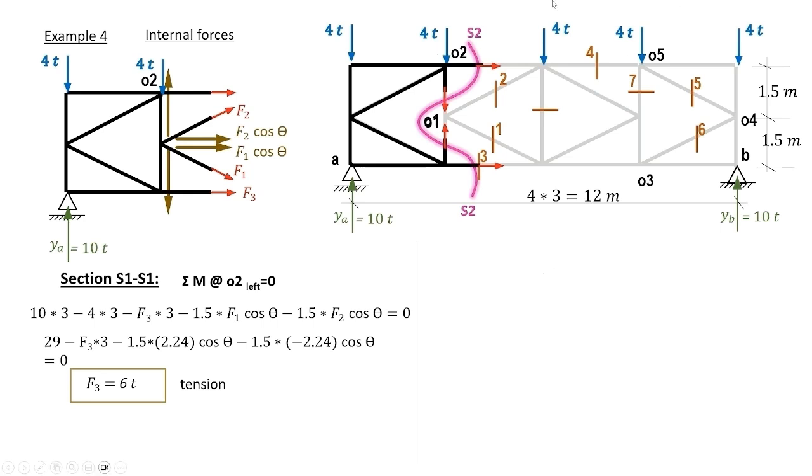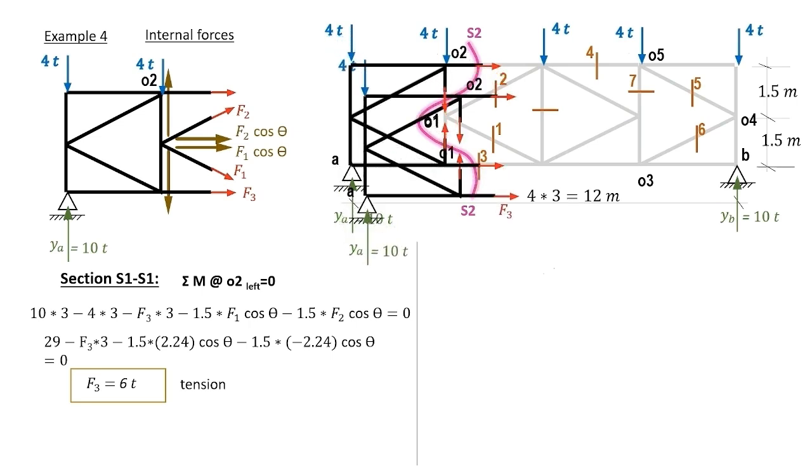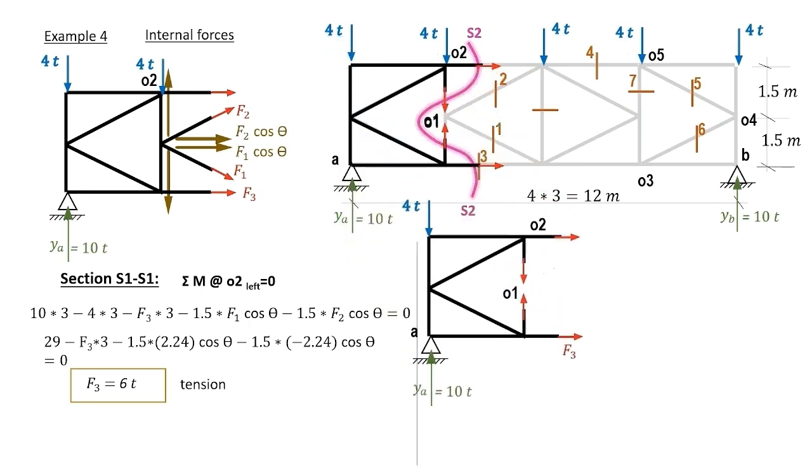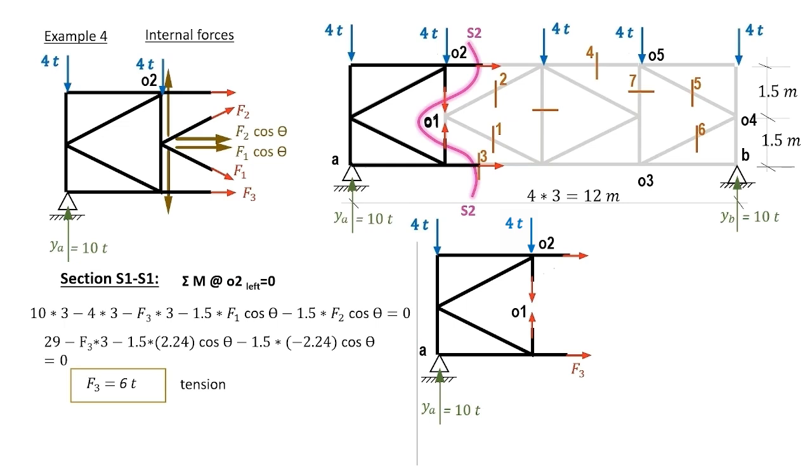Please note that section S2 cuts four members: the horizontal member on the upper chord, the horizontal member on the lower chord, and the two vertical members passing by O1. And therefore, those four internal forces appear. We extract the left part of the section outside for our computations.